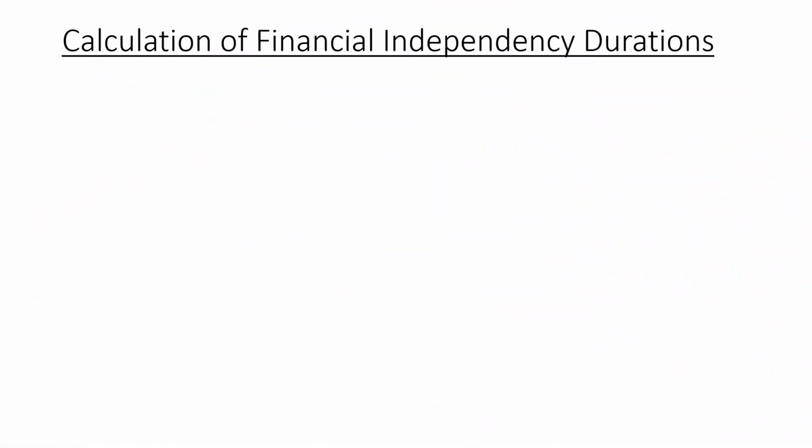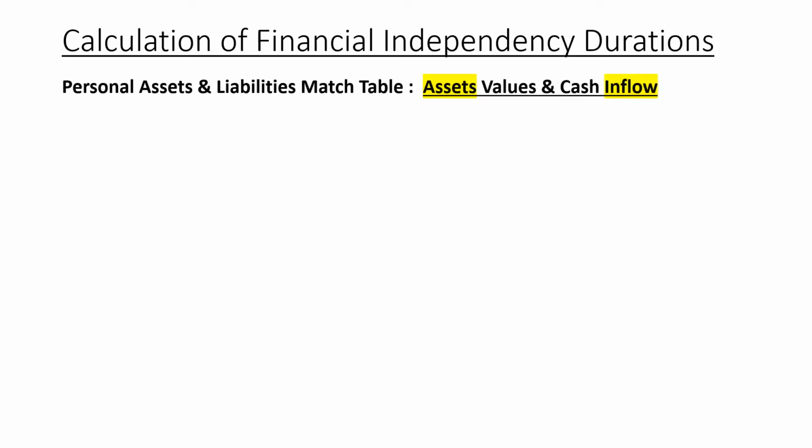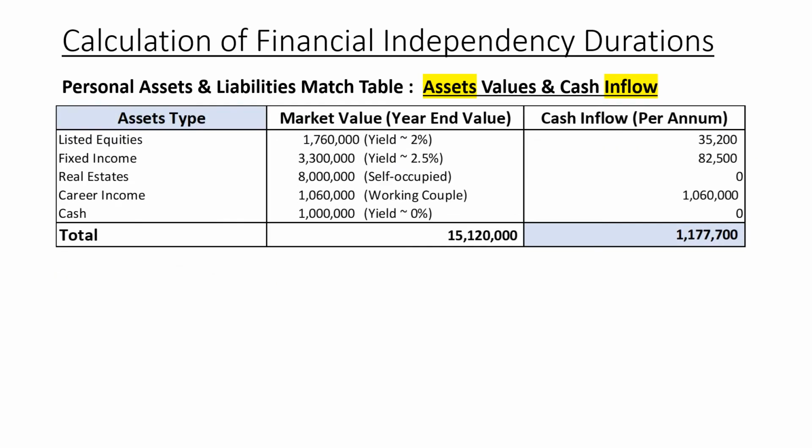Okay, let's start to see how the financial independence duration is calculated. First, we need to calculate the asset side and the cash inflow side. You list out all the asset types you own and roughly how much each would pay each year in cash dividends, for example from listed equity, or the interest paid from your fixed income instruments.